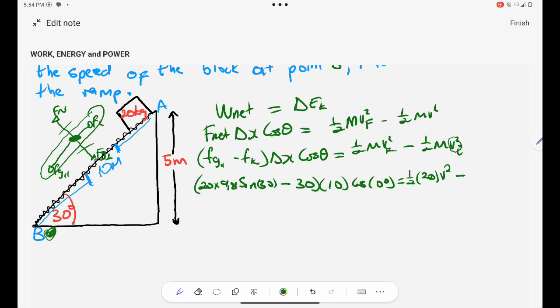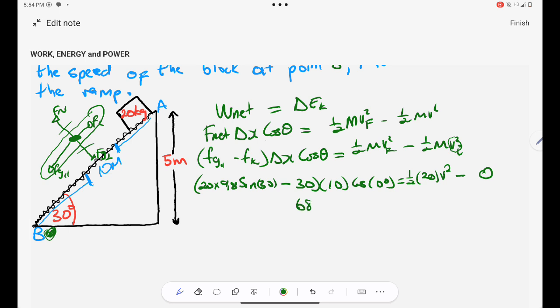Anything multiplied by 0 will be 0. So the initial kinetic energy is just equal to 0. So this will just give me 20 multiplied by 9.8 multiplied by the sine of 30 degrees minus 30, close the bracket, multiplied by 10 cos of 0.